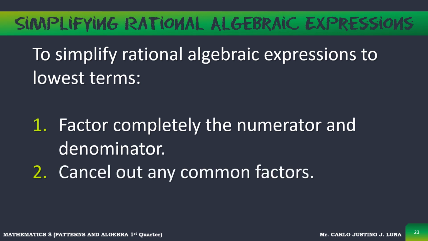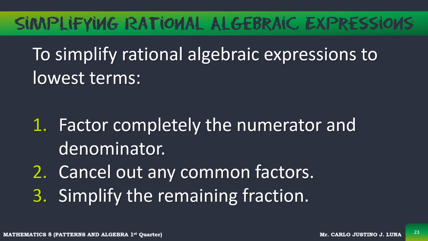Second, after factoring out completely the numerator and denominator, we will cancel out any common factors. Okay, so cancellation ang step 2. And lastly, simplify the remaining fraction. Okay, let's have examples for you to further understand this concept.